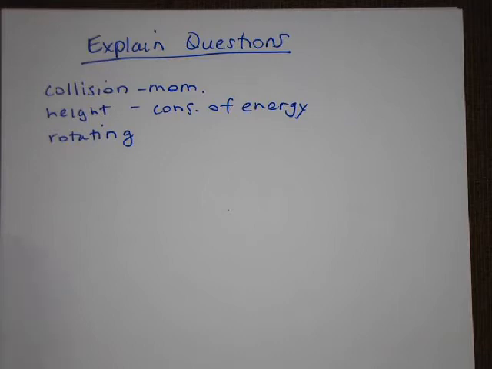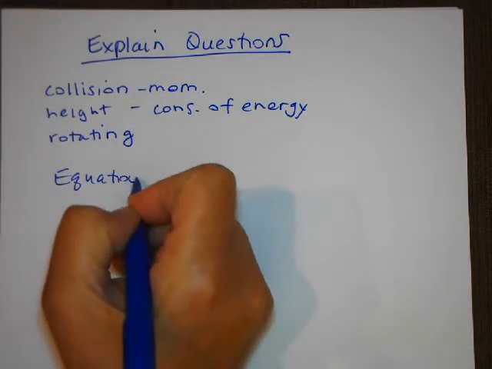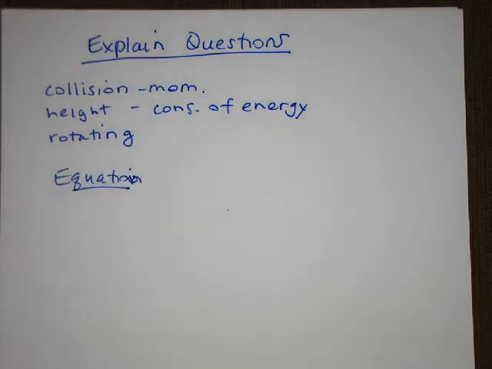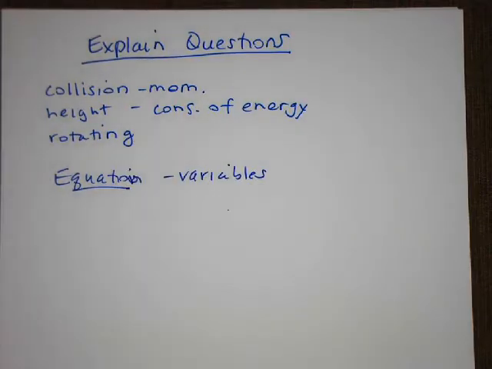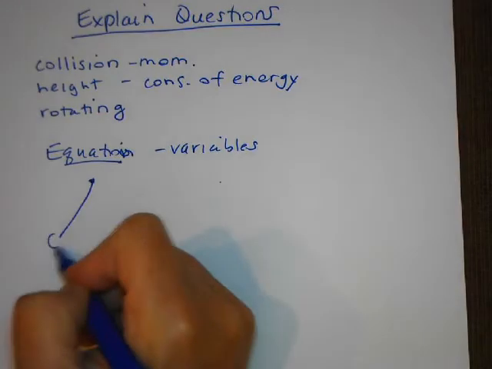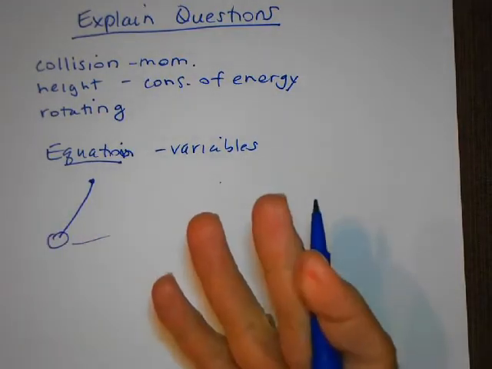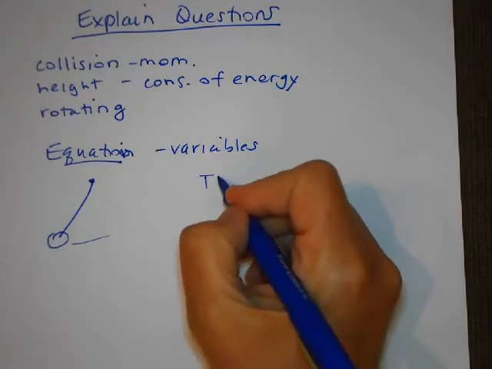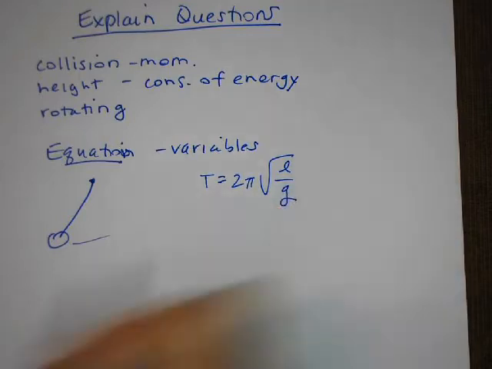Once I figure out what the physics principle is, then I might want to think about some type of an equation. The reason I think about an equation is I want to think about all the variables in that equation. If I was doing a problem with a pendulum going back and forth, and they asked me something about the period, the first thing I say is, well, the period of the pendulum, T, is equal to 2 pi times the square root of L over g.